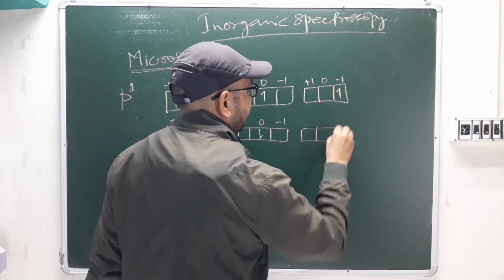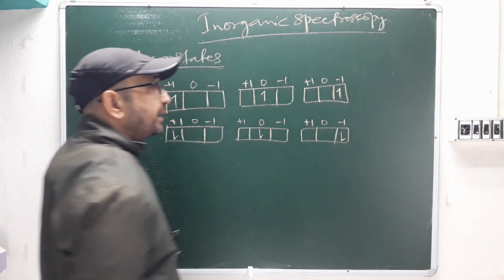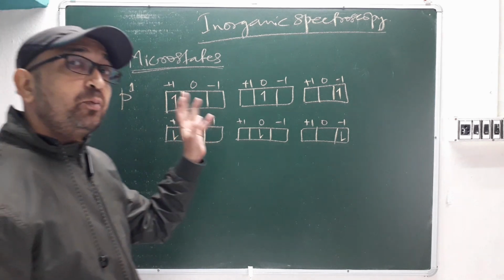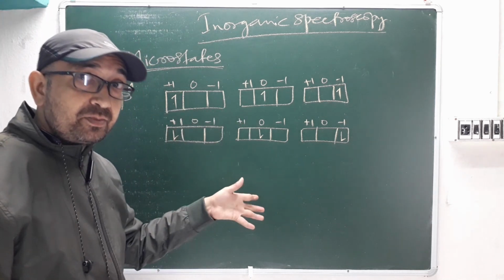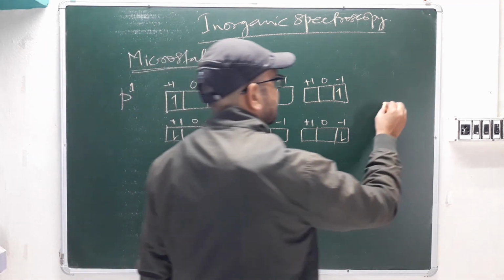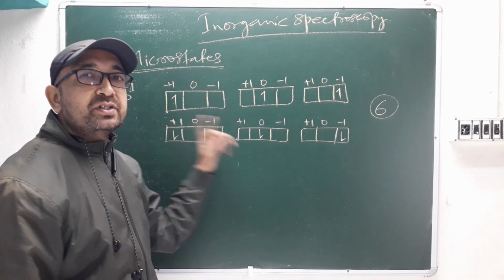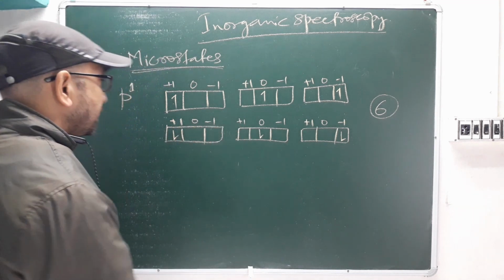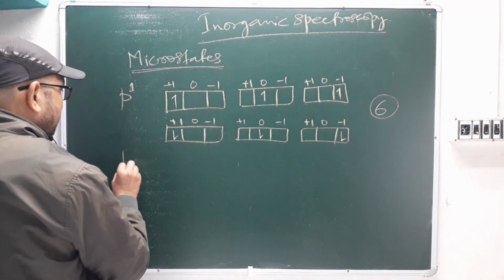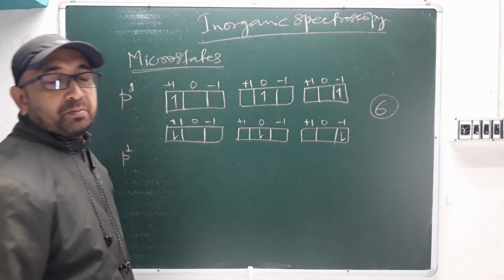Then the next possible, the electron can reside here. So how many microstates or possibilities are there? How many arrangements? 1, 2, 3, 4, 5, 6. So for p1 the number of microstates is 6. If anyone asks what will be the number of microstates for p1, the number of microstates is 6.